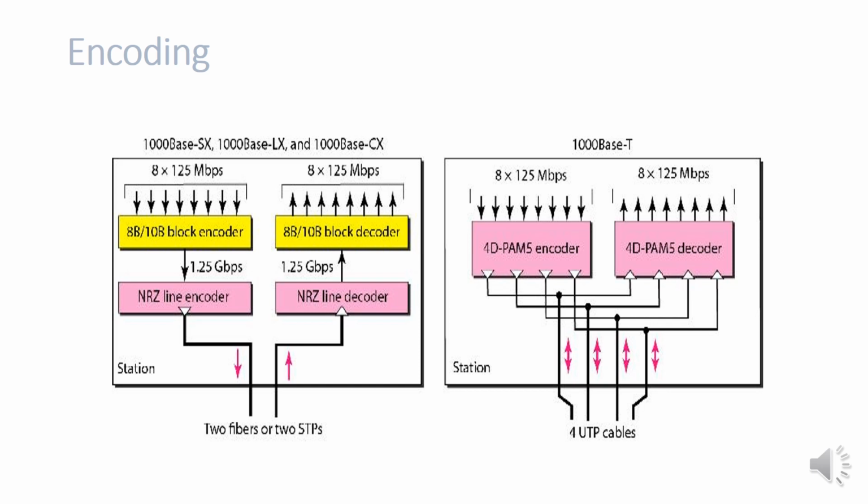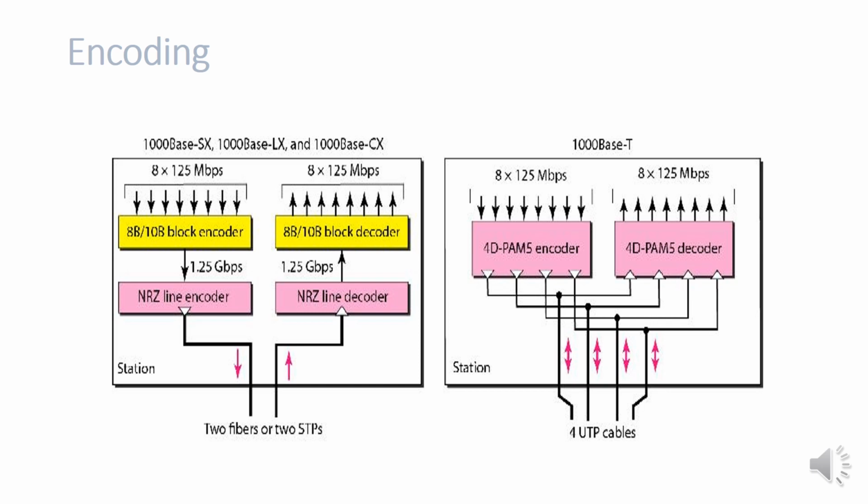Similarly, the receiver consists of an NRZ line decoder, which produces 1.25 gigabits per second as output, and that will be fed into the 8B/10B block decoder, and finally you get 8 times 125 megabits per second as data. This occurs with respect to 1000Base-SX, 1000Base-LX, or 1000Base-CX copper cable.